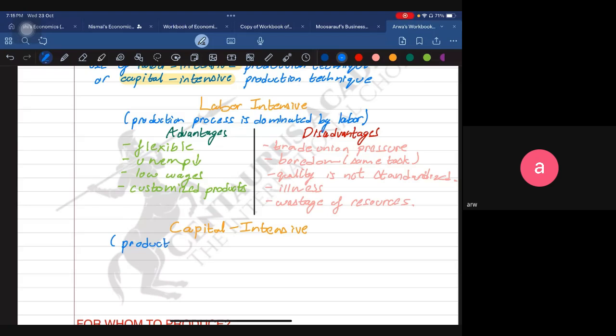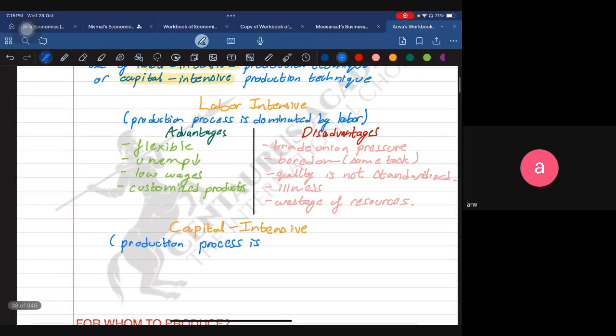here the production process is dominated by capital, right?